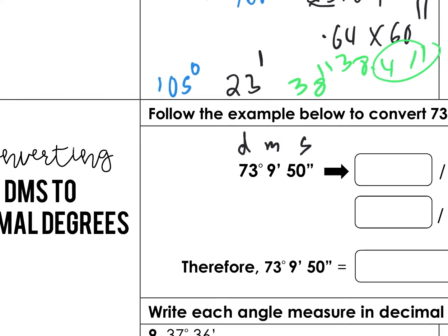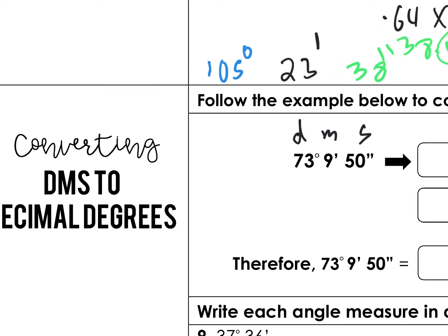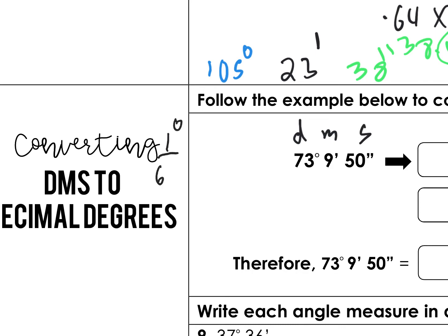Because remember, 1 degree has 60 minutes. 1 minute has 60 seconds. 1 degree is worth 3,600 seconds.